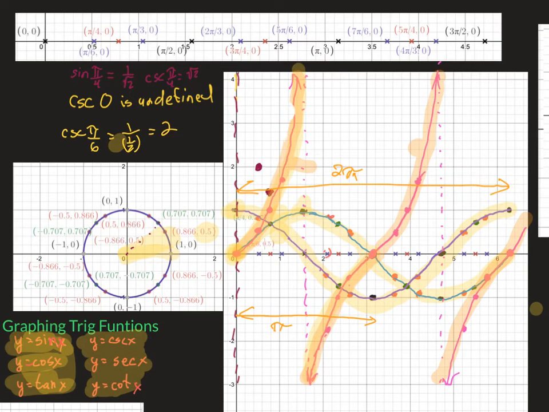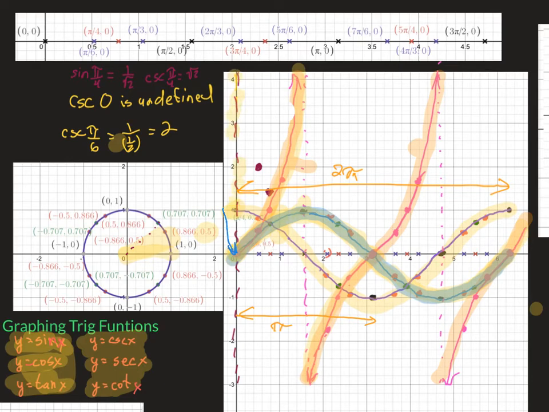Okay, but another way to do it is if you just look at the sine curve here, you can already see where everything's going to end up. If you look at this sine curve, this blue curve along here, you can say, well, I know that when it equals 0, its reciprocal will not exist.